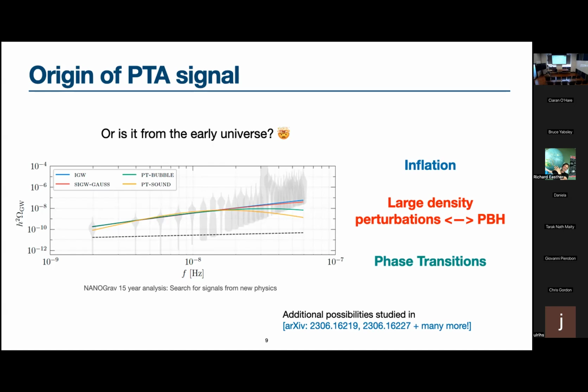I will lump all of these different processes into one single category, and I'll refer to them as cosmological or early universe sources, because what I want to address is the question of whether we can distinguish if the background is coming from astrophysical or early universe sources.